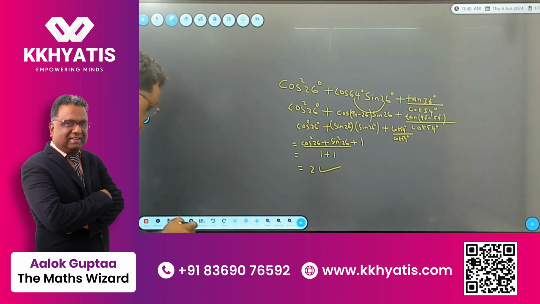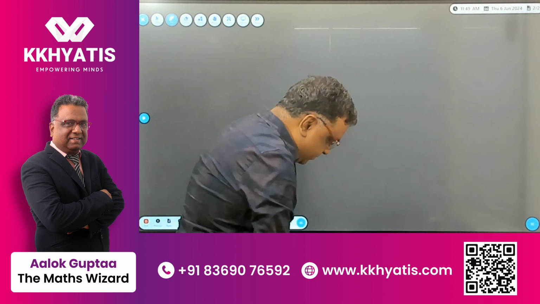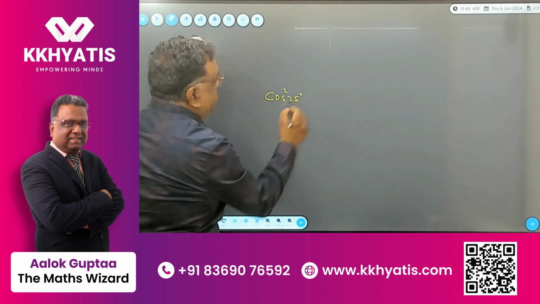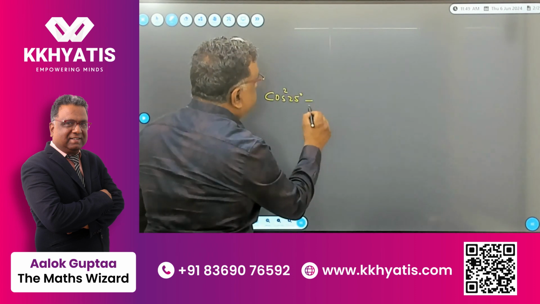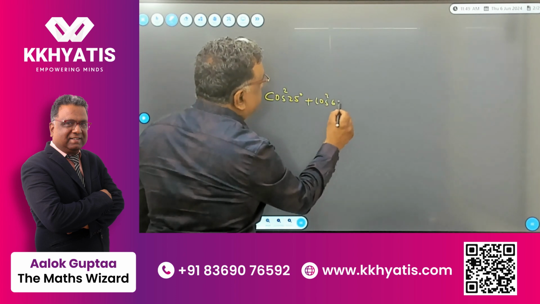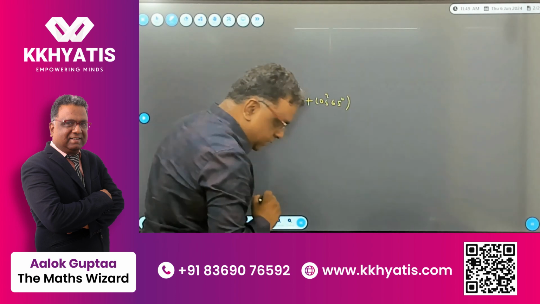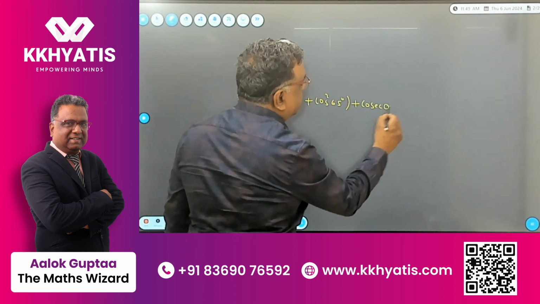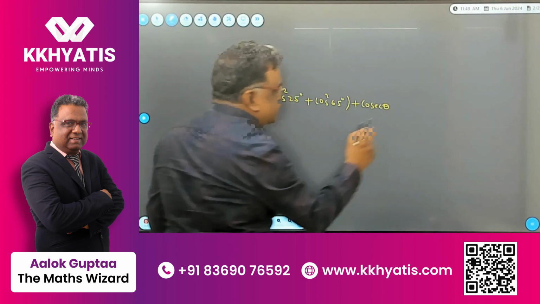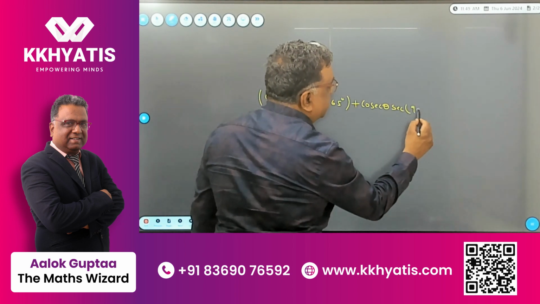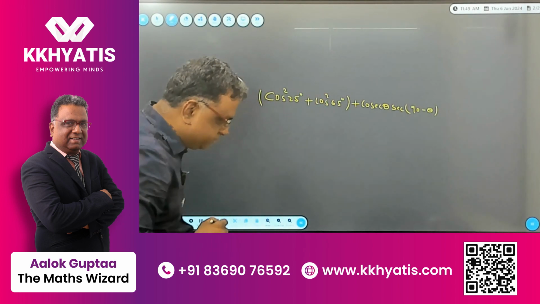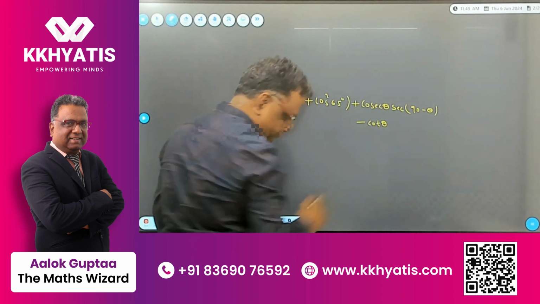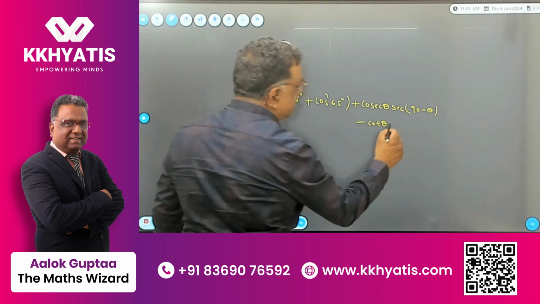Okay, let's move ahead. The second sum that we are trying to do is cos square 25 degrees plus cos square 65 degrees plus cosec theta into sec 90 minus theta minus cot theta into tan 90 minus theta.